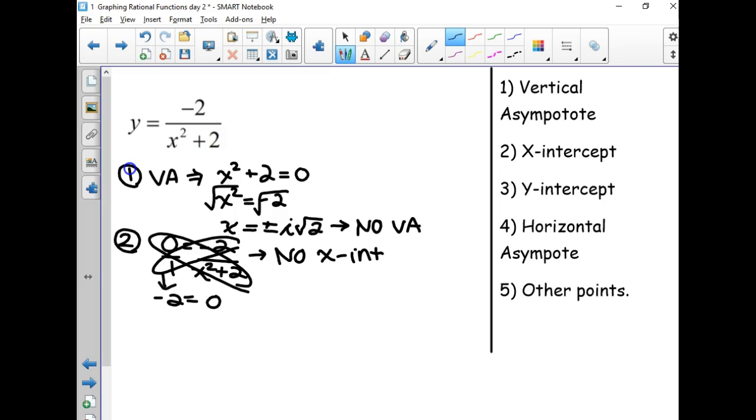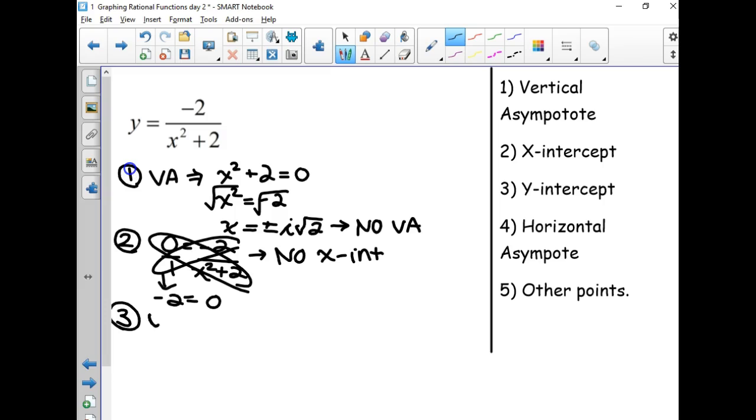Well, now we're in luck. We do have a y-intercept. What is my y-intercept going to be? How do you know that? Very good, Jack.